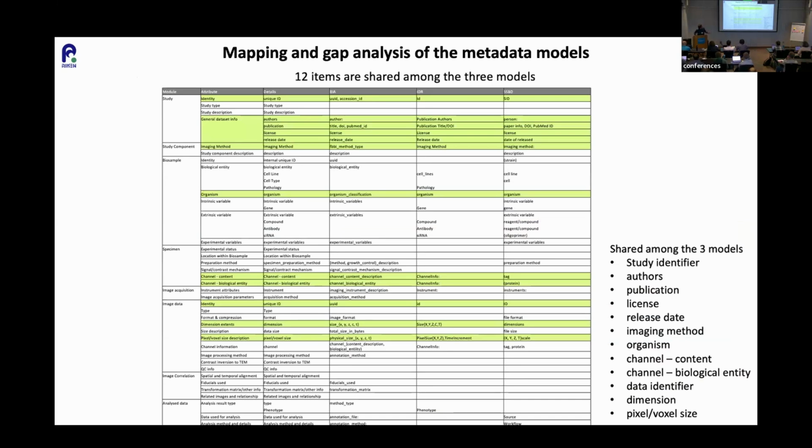We found that 12 items are shared among the three, for example the study identifier, authors, publication, license, release date, imaging method, organism, and so on. So 12 items are shared among the three repositories. Maybe this is the essential, minimum metadata set.